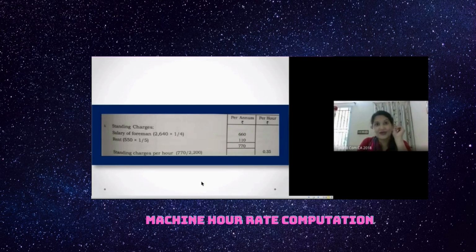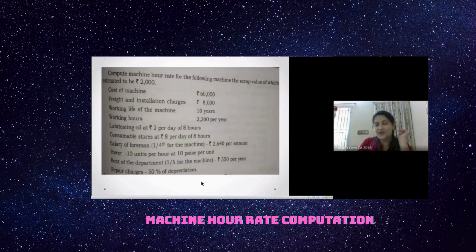Now we know that we are going to compute machine hour rate per hour, that is, the hourly rate of working of each of these machines. That's what we are trying to find out. So we will convert it into hourly rate. It was given in our question that the working hours of this machine for a year is 2,200 hours.